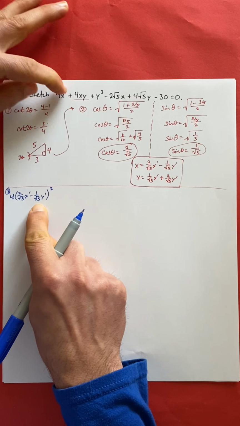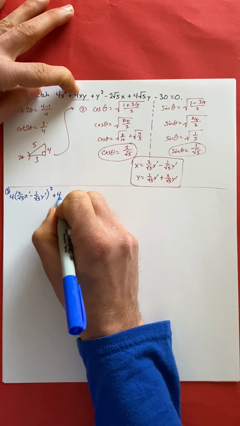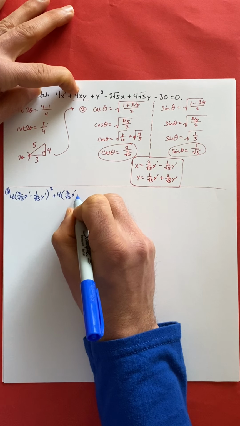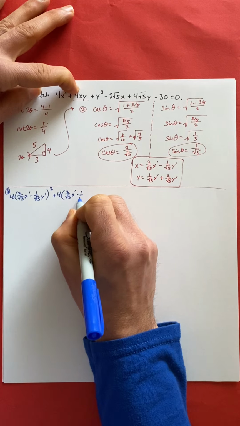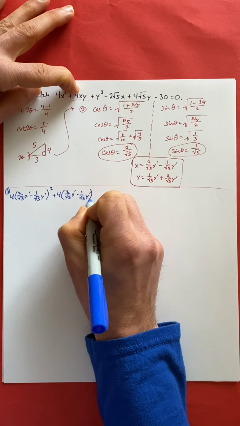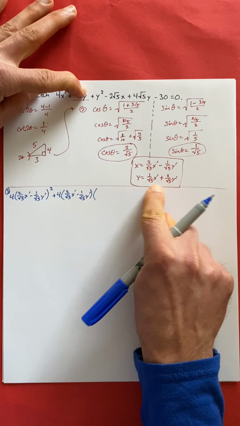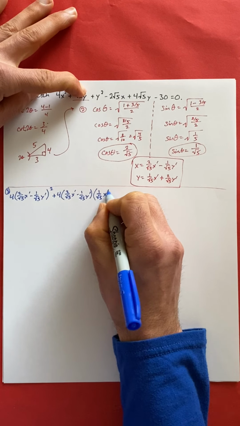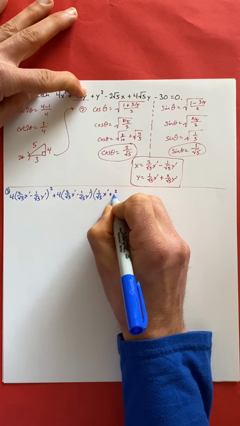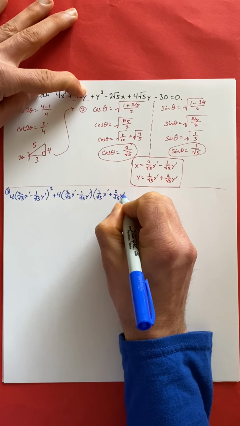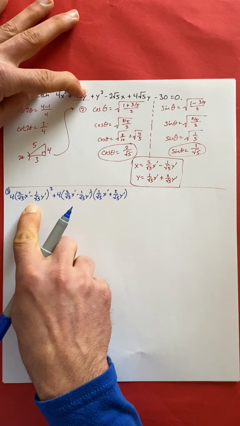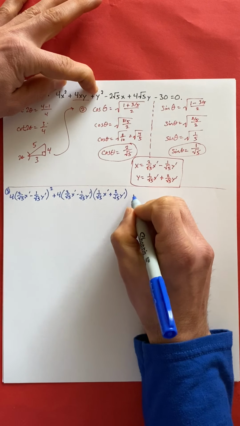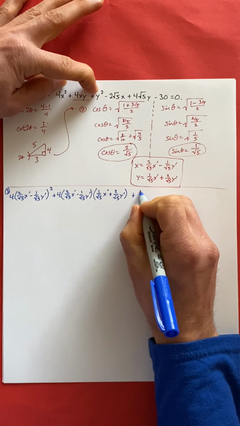And that's squared, plus 4 times x, which is 2 over the square root of 5 x prime minus 1 over the square root of 5 y prime, times y, which is now this one, which would be 1 over the square root of 5 x prime plus 2 over the square root of 5 y prime. So there's 4x squared plus 4xy.